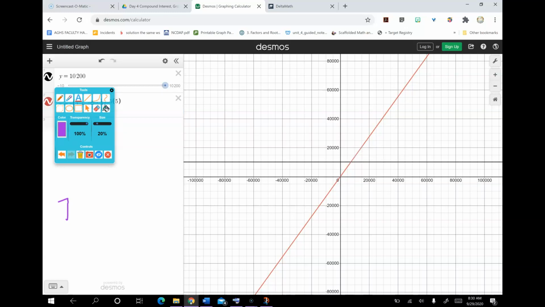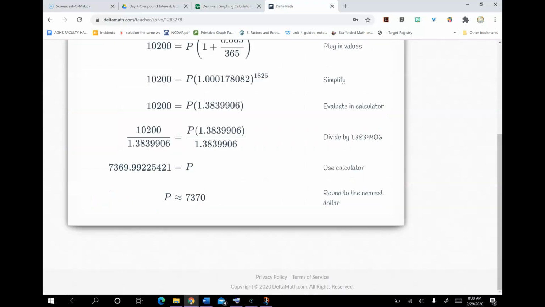So 7369.992. It wanted us to round to the nearest dollar. Well, that 9 is going to round to a 10, and that 10 is going to round that 6 to a 7, so it's going to be 7370. Okay? Which is our answer. Okay?